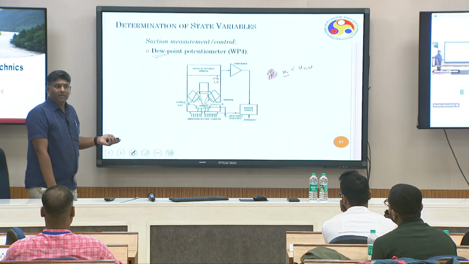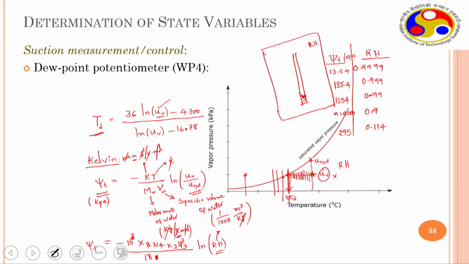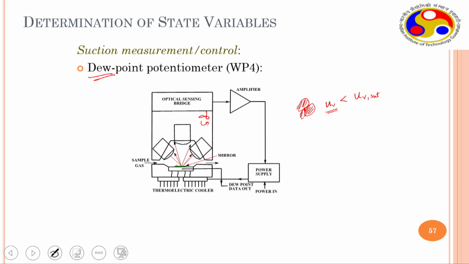This one also might have been demonstrated yesterday. The dew point potentiometer exactly works on measurement of dew point, relative humidity and temperature, right? So essentially, if you take a soil sample and bring it here, it tries to evaluate the vapor pressure.